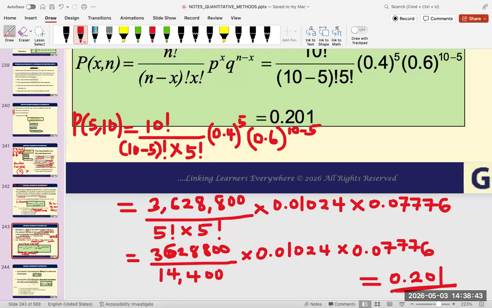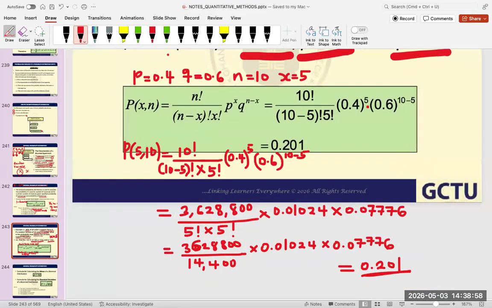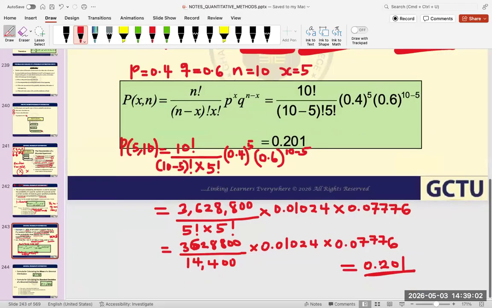So it has been confirmed. In business, we are not comfortable with decimal numbers. We always want our figures in percentage. So anytime you get a probability answer in decimals, you can change it to percentage.